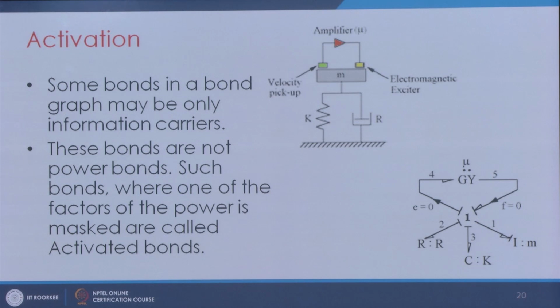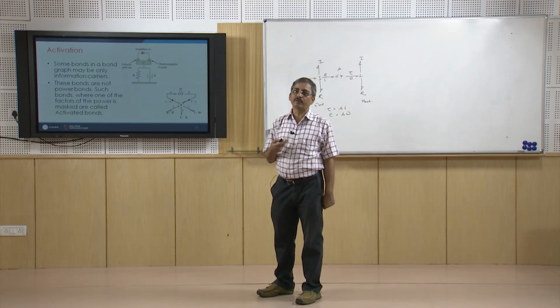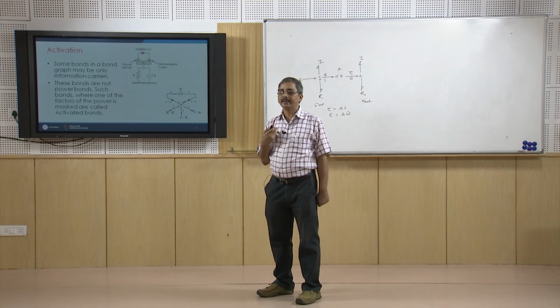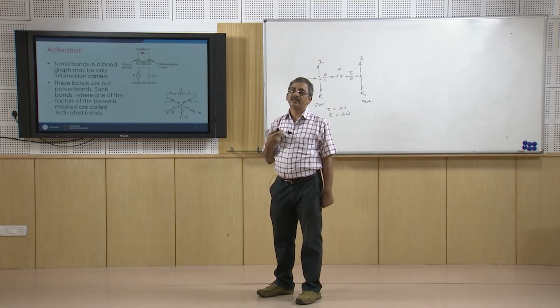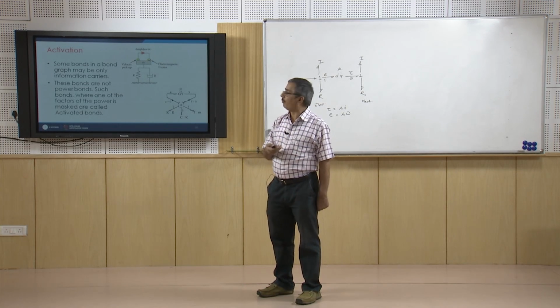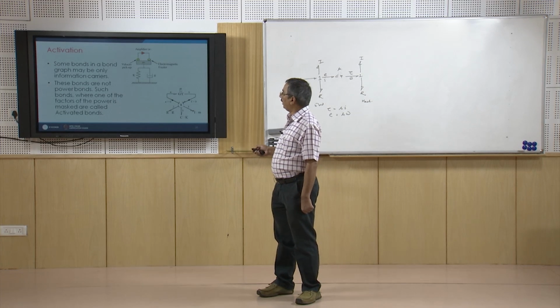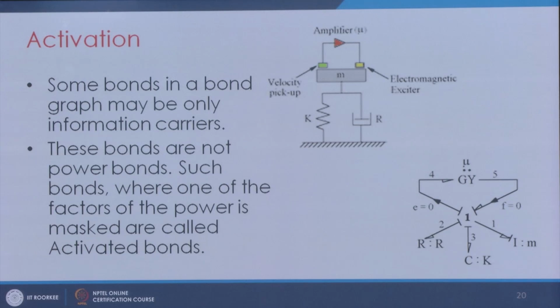So, we suppress one of the power variables, either effort or flow, in order to make it a signal bond, and such signal bonds can be used as sensors, okay, in your modeling. Okay. So, these bonds are not power bonds, and such bonds where one of the factors of power is masked are called activated bonds.